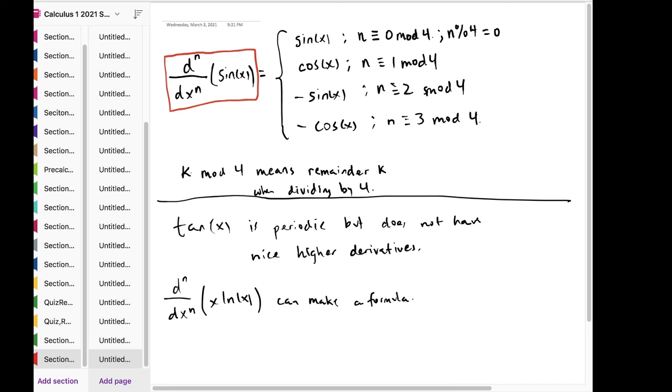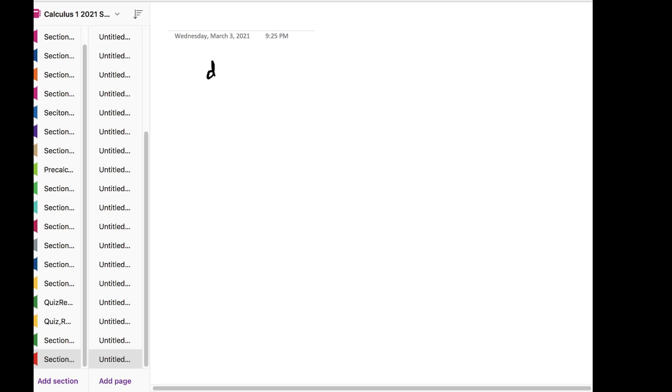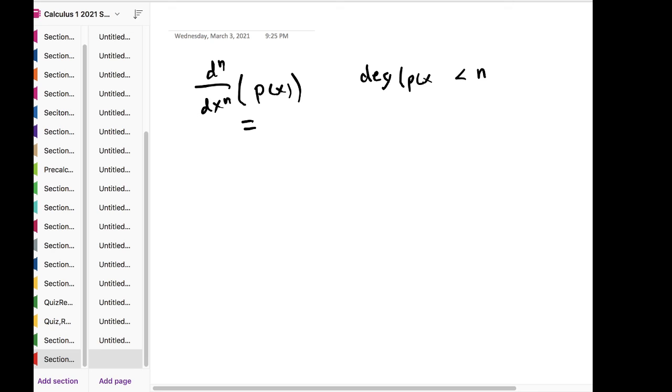Here's a nice one. If you have a polynomial, and the degree of the polynomial is less than n, what do you think the nth derivative is? So remember what the degree of a polynomial is?